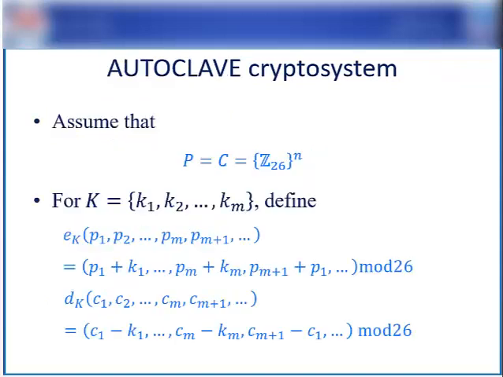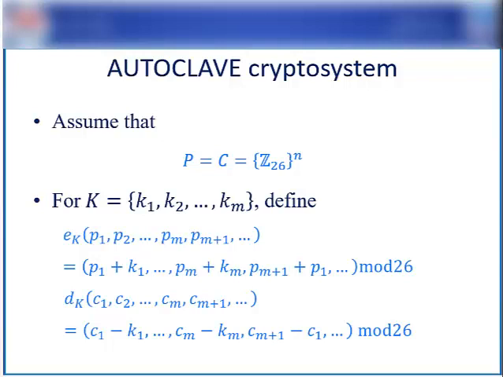The next cipher we are going to study is an autoclave cipher. Again, we will consider this cipher on the example of the English language, and our plaintext space and ciphertext space are limited to the 26 letters of this alphabet.